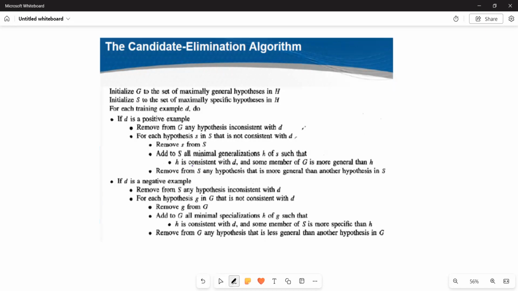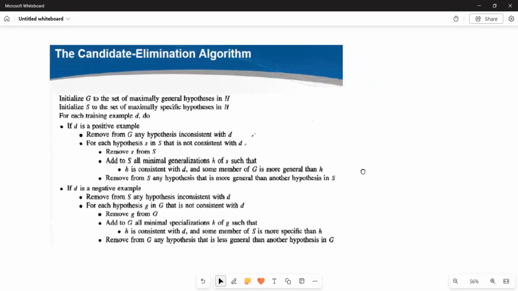In your positive example, you are facing inconsistency and you have removed the boundary from the hypothesis. Then you work with the specific hypothesis, and there is some inconsistency there. What are we supposed to do? We are supposed to add to S all minimal generalizations.